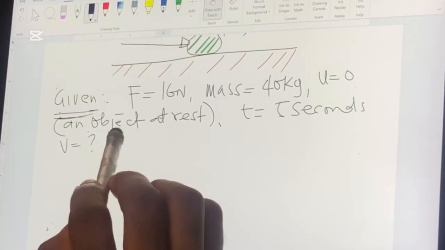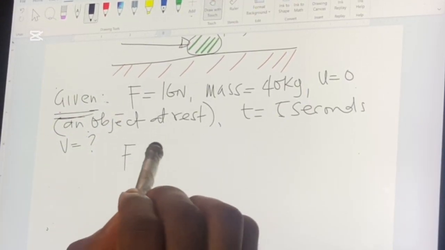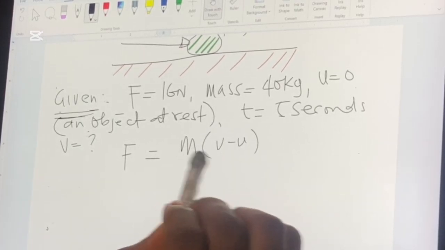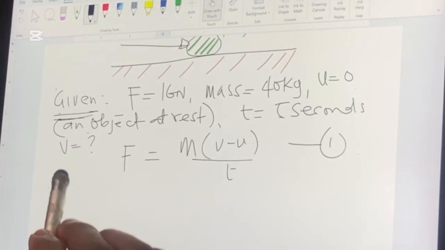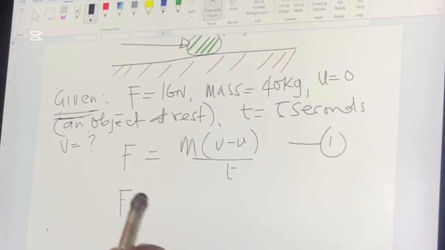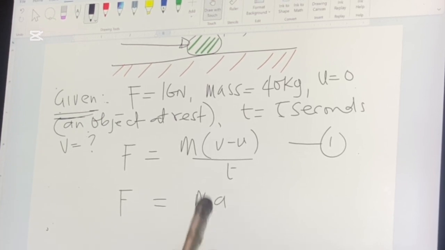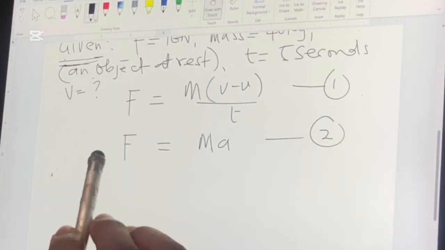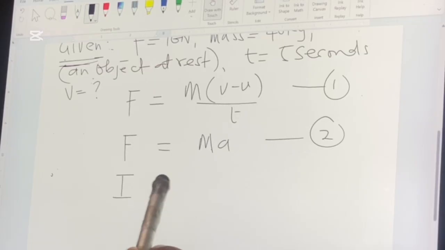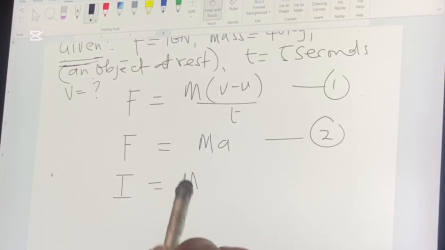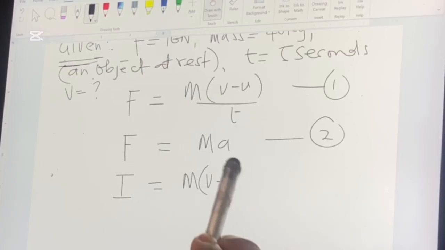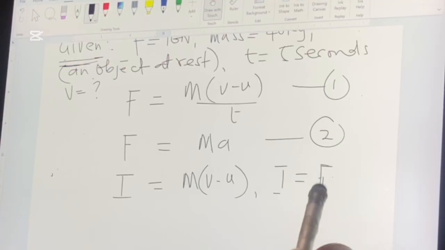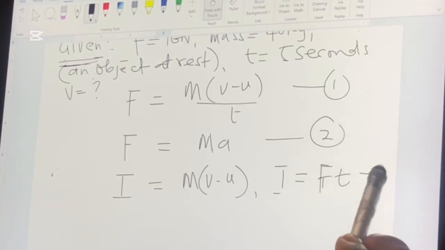The first one is F is equal to M into V minus U over T. The second one is F is equal to MA. The third one is for impulse: impulse is equal to M into V minus U, or impulse is equal to F times T.